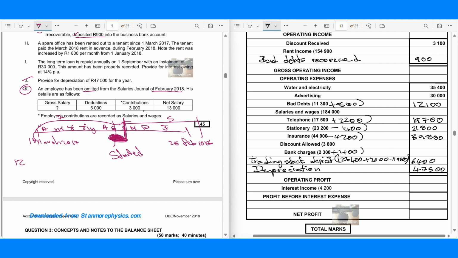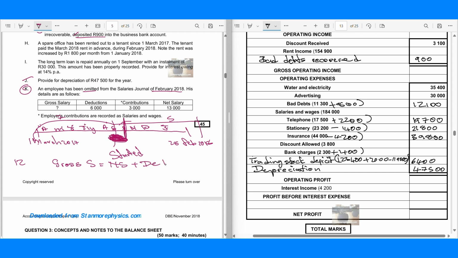Also contributions, unless they provided a separate account which is written employees contributions, right? Employers contribution, employees contribution. Okay, so now we know that to get gross salary, I told you the formula, it's what? It is net salary plus deductions.